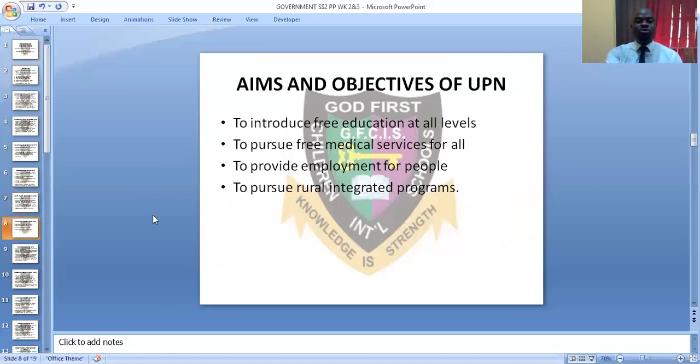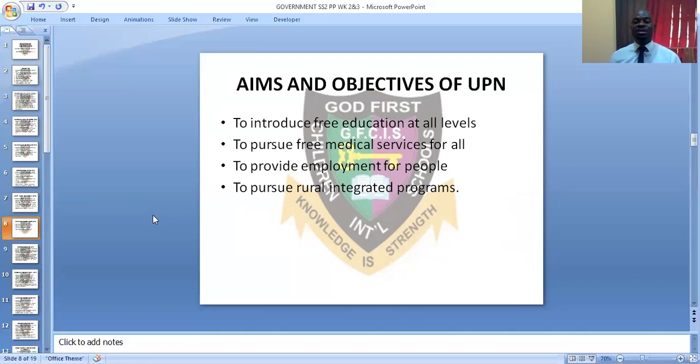UPN aimed to introduce free education at all levels, and as a result of this, Awolowo was actually known as the father of free education.